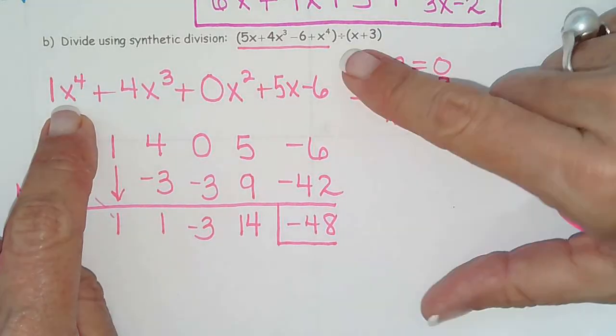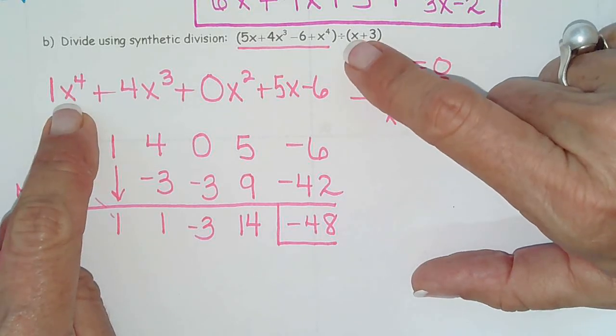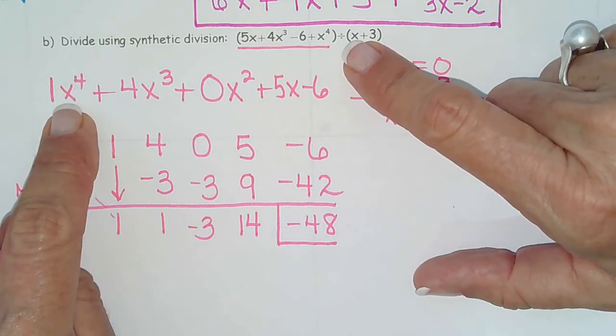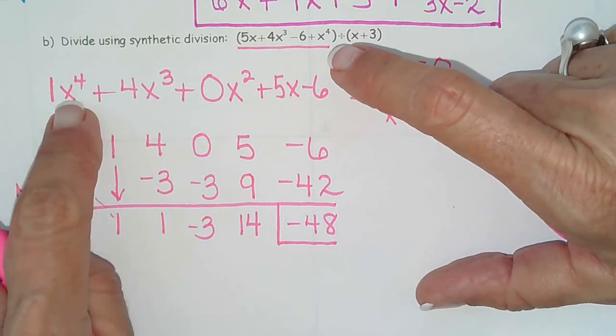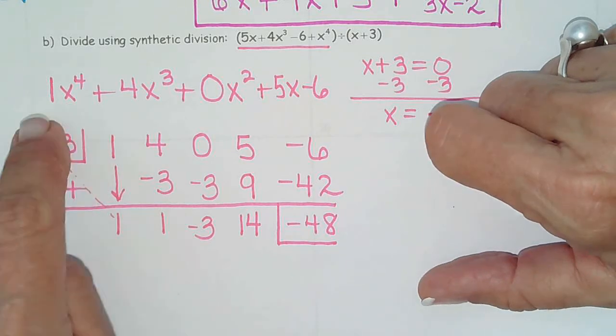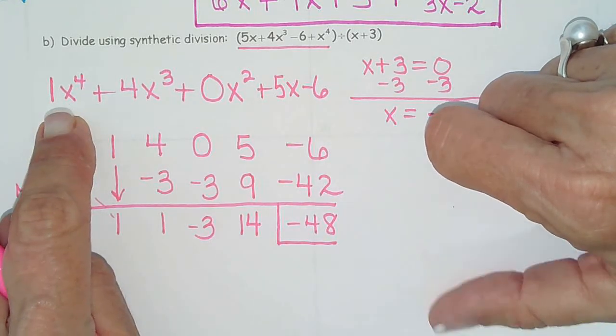Our leading coefficient was x to the 4th, and we're dividing it by x. Well, x to the 4th divided by x is x to the 3rd, because we subtract exponents. And remember how I said this is always going to be one less than the original. And that's another reason why you want to rewrite it so you have the original power right there.